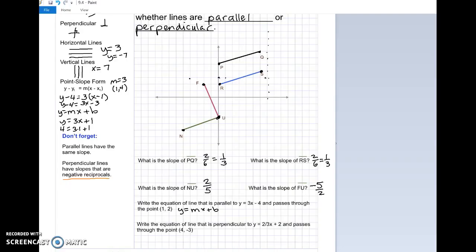Now, we have two different ways that we can solve this. We can say y equals 3x plus b, and we can try to figure out what b is, and it looks like we need to come back for part 2.